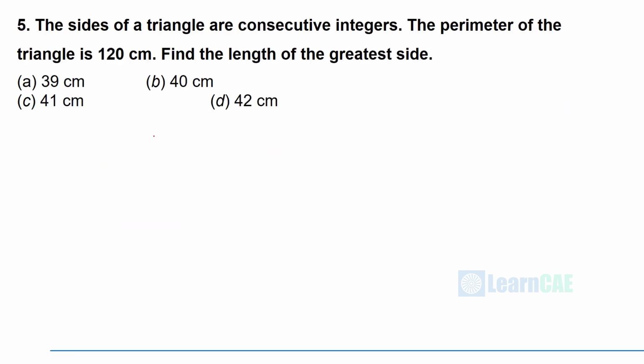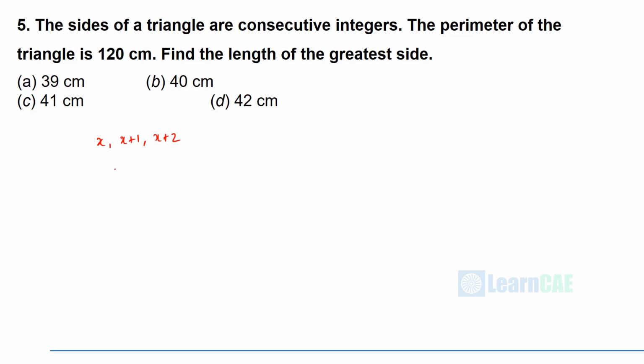Next question. The sides of a triangle are consecutive integers. The perimeter of the triangle is 120 cm. Find the length of the greater side. This is quite simple. Let us take the lengths as x, x plus 1, x plus 2 for the sides of the triangle. The perimeter is 120 cm. So we shall add these three sides and then equate to 120 cm.